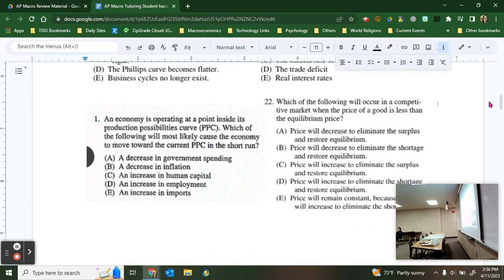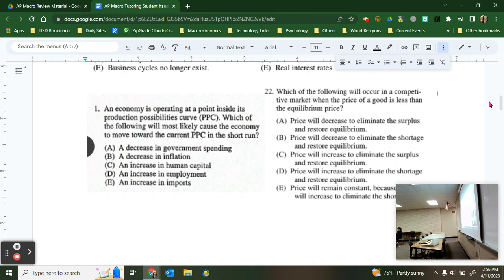Scrolling down. An economy operating at a point inside its PPF curve. Okay. Inside its PPF curve, we just said that's possible. It's not efficient. It's a recession. Which of the following will most likely cause the economy to move towards its current PPF curve?